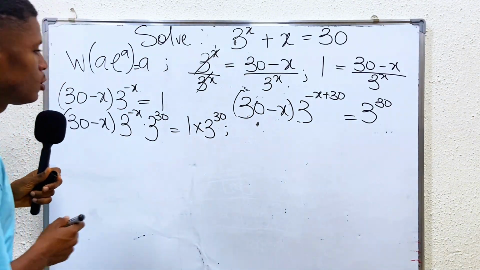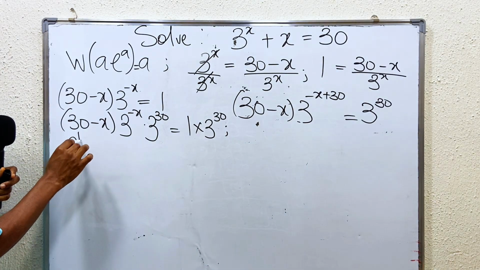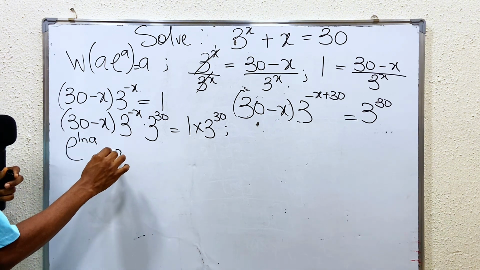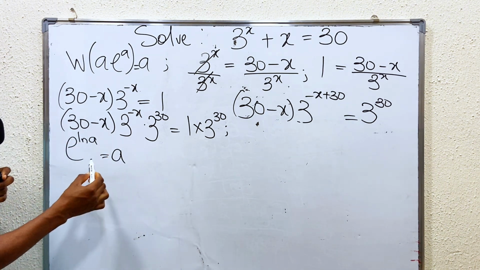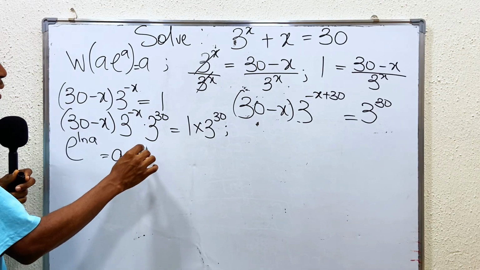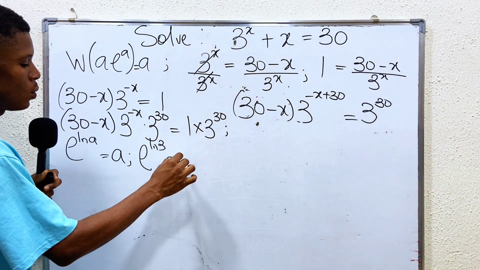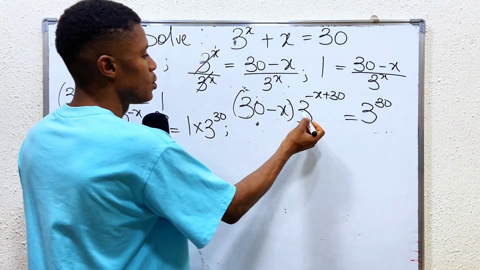But you know basically that when we have e to the power of ln of a, the answer is a. Okay? So for the 3, we can now write it in terms of e to the ln of 3, and that's equal to 3. If you understand this, we are going to apply it here.